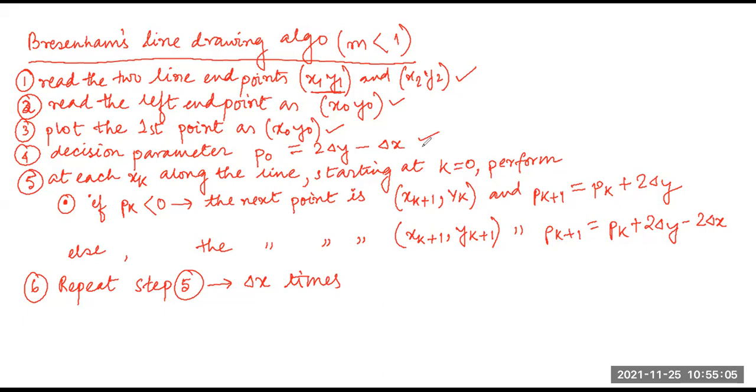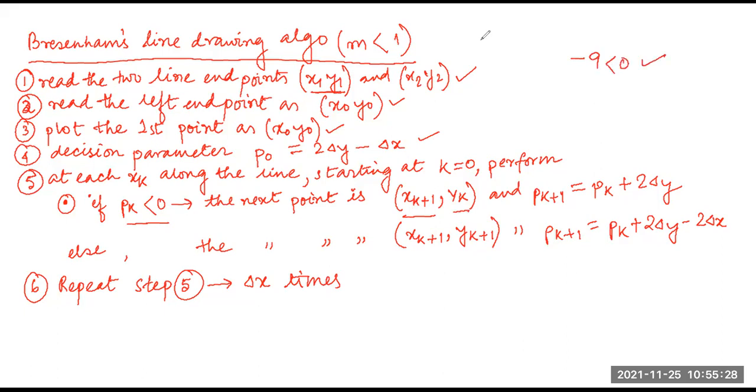Now, here is where the decision taking starts. If my value of P0 is lesser than 0, then for my next point, x will only be incremented by 1 and y will remain as it is. Suppose the value of P I am getting is minus 9, so it is lesser than 0.